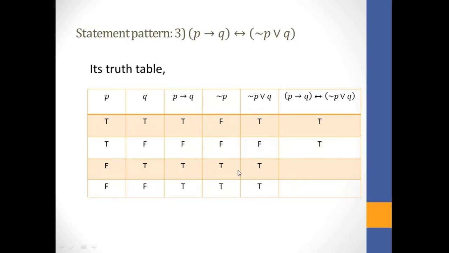Then T double implies T is again T, and again the same, T double implies T is also T. So the last column contains the values T, T, T, T, four times T for this statement pattern. So the truth table for the statement pattern is completed.